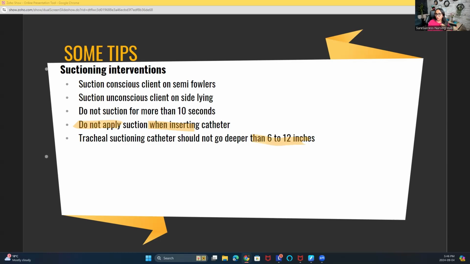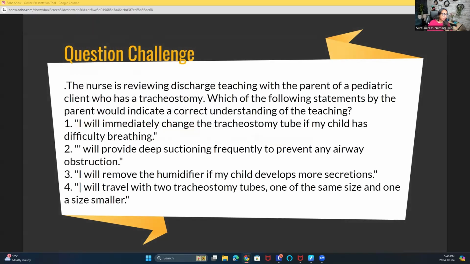Okay. Now it is a question challenge. The nurse is reviewing the discharge teaching with the parent of a pediatric client who has a tracheostomy. Which of the following statements by the parent would indicate a correct understanding? Which means 3 out of 4 are wrong and 1 is correct.